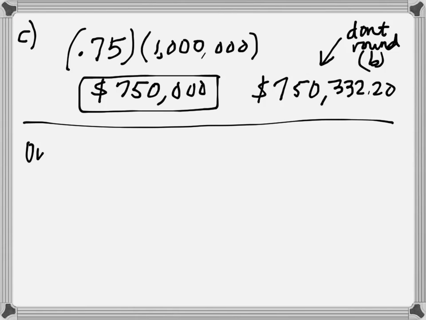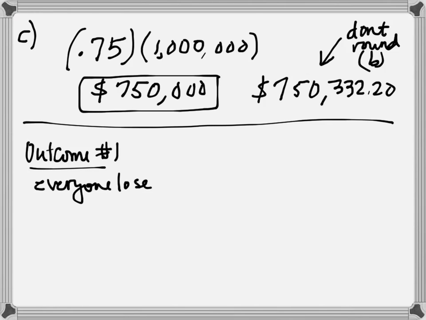So outcome 1 is that everyone loses. Well, there's 1 million tickets, right? So there's 1 million tickets that lose. How much did each of them cost? They were $1.